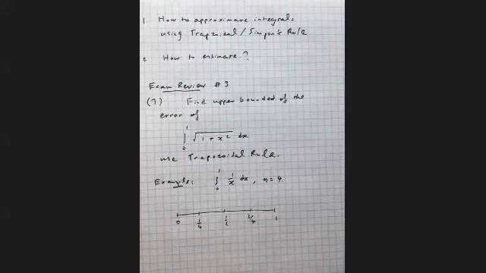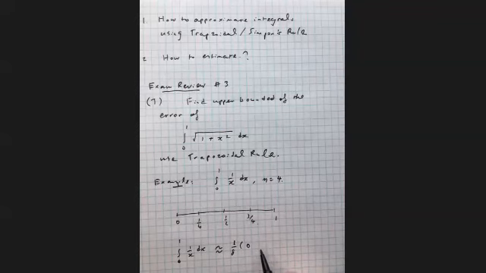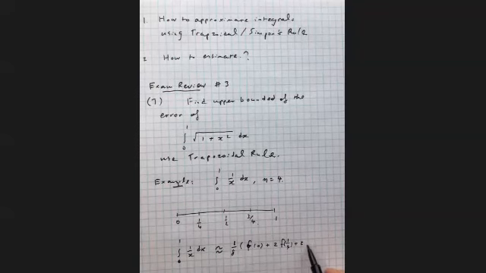So in this case, the integral approximately equals 1 over 8, which is half of the smaller piece's length, times f0 plus 2 f at 1 over 4 plus 2 f at 1 over 2 plus 2 f at 3 over 4, plus f1, and that's it.